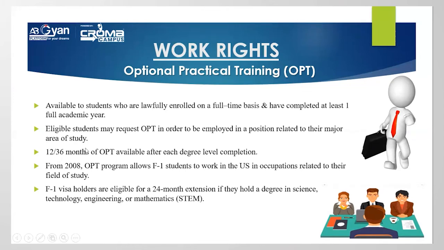And if you're going for a STEM program, which is related to science, technology, engineering, and mathematics, then you will get an OPT extension of 24 months, which is 2 years. After completing your graduation on an F1 visa, you can work in the USA for 24 months. The OPT period varies from 1 year to 3 years, depending on the program.